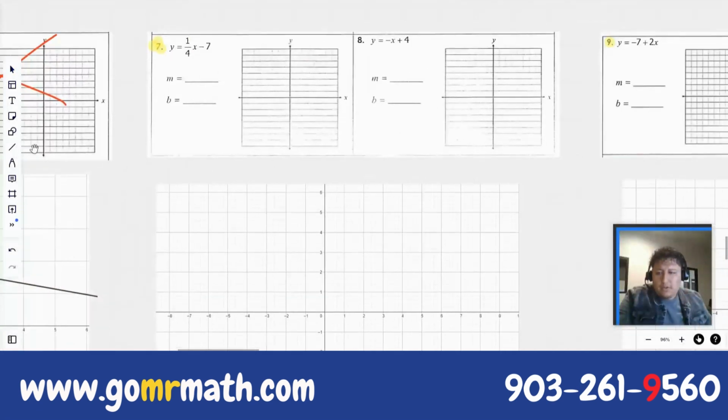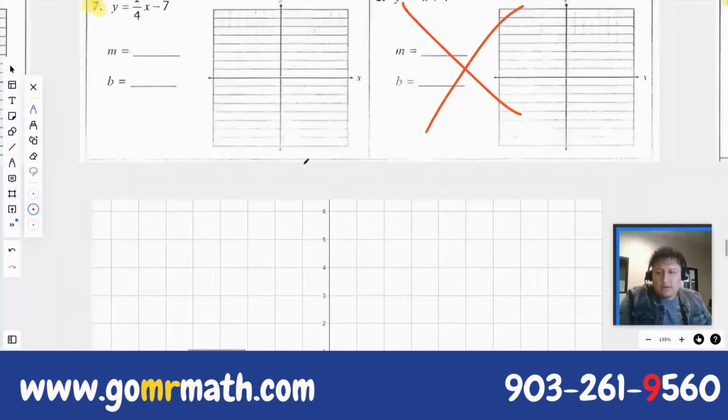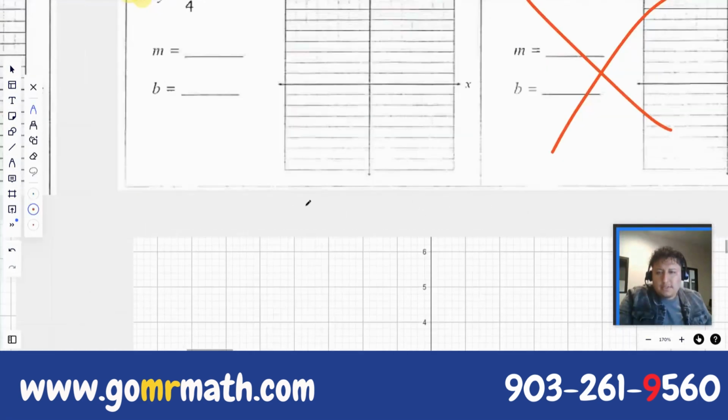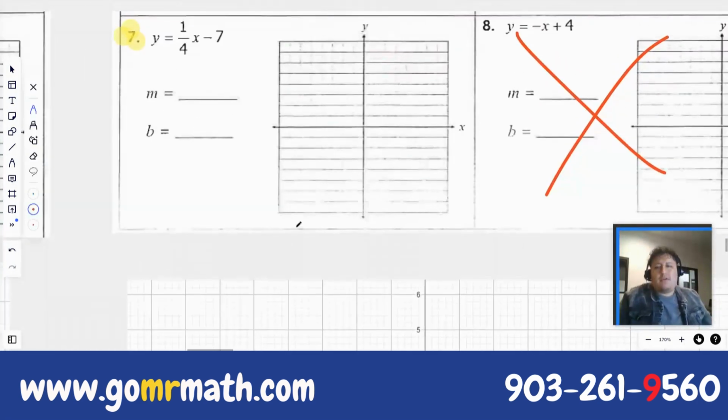One more time, we are not working number 8. We're not working the even numbers. We're working only the odd exercises. So what do we have in here? y equals 1/4 x minus 7. One more time, very useful: y equals mx plus b.